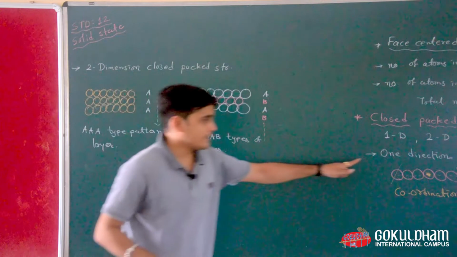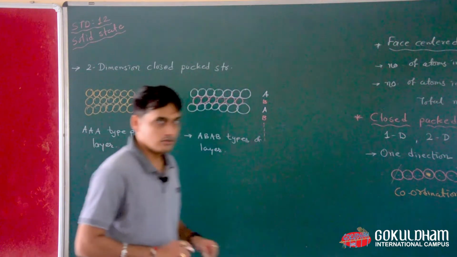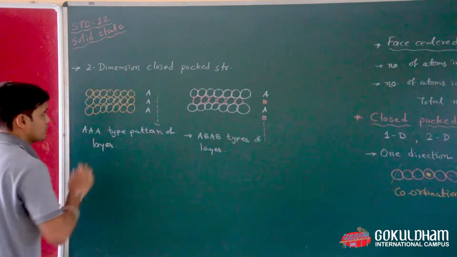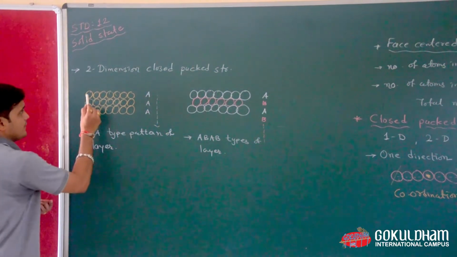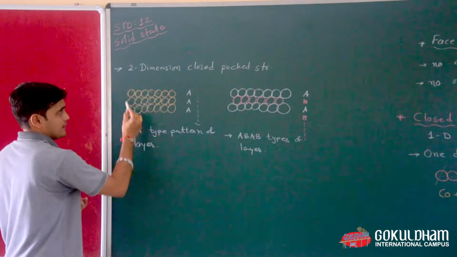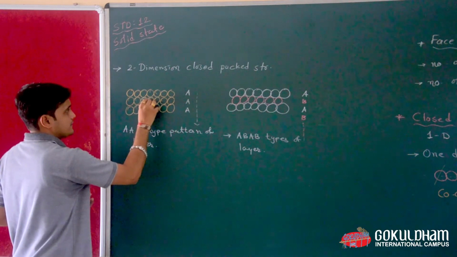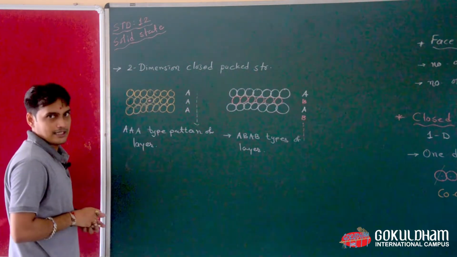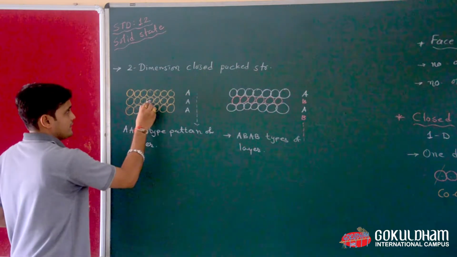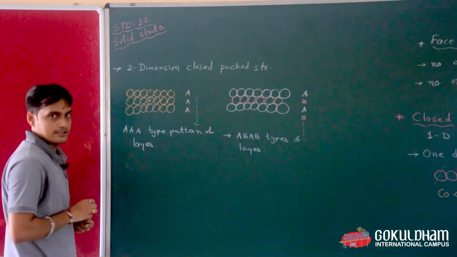Now in one direction you see the coordination number is 2. In both cases these are on terminal positions, the outer side. So you can assume this as a center atom, and these four molecules are directly in contact with it.